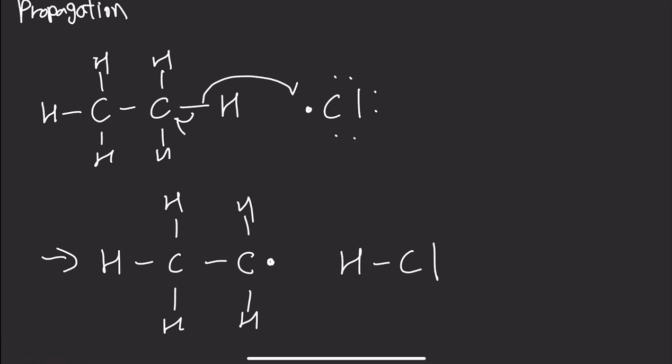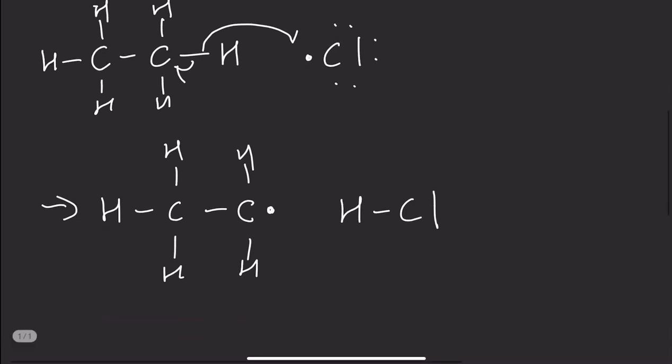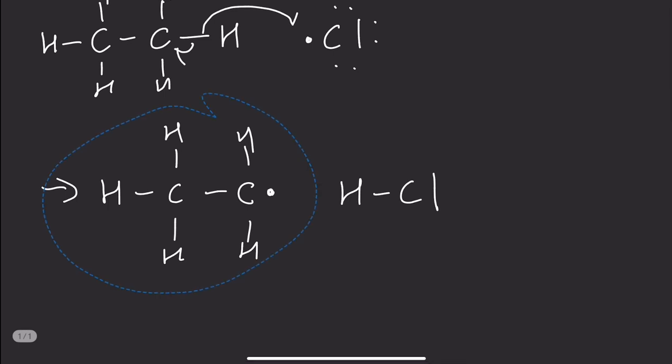This allows the reactions to continue or, in other words, propagate. Radical substitution is therefore a chain reaction, as reactions in the propagation step produce further reactive radicals like this here.